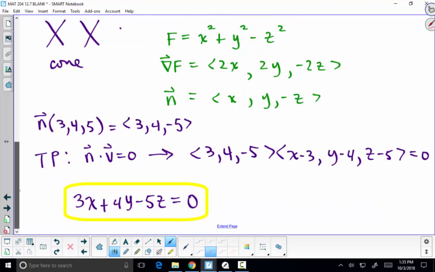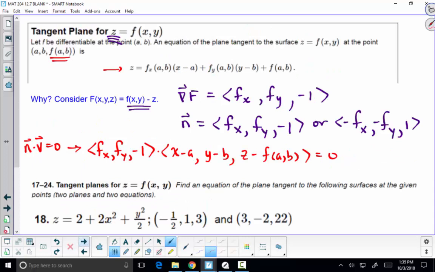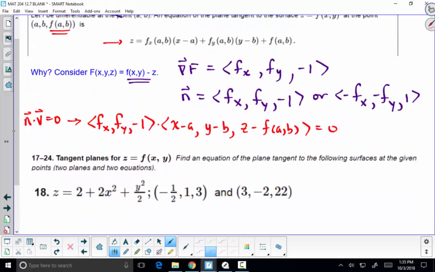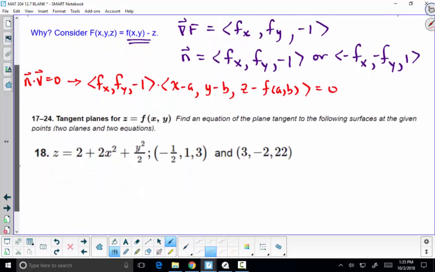Over here, if we write it in this form, the normal vector is not jumping out at us. But you can solve it for z. And there are applications where we will solve for z, where that's a better form than ax plus by plus cz equals d. It's just going to depend, and it'll be clear.